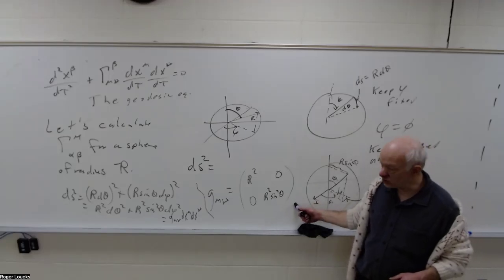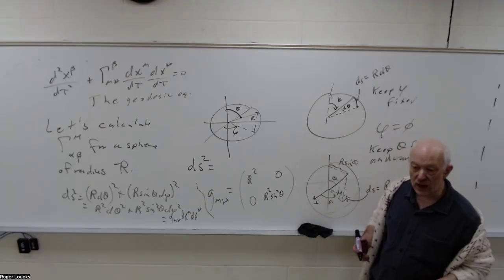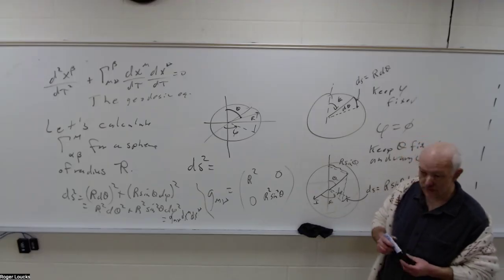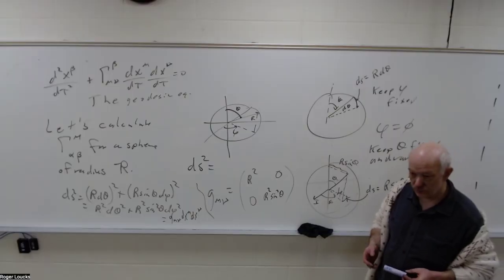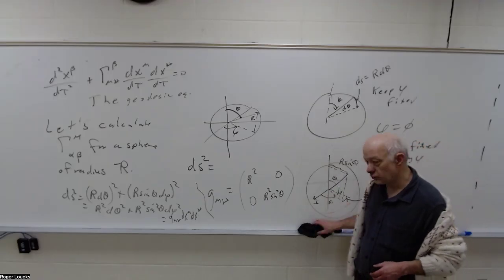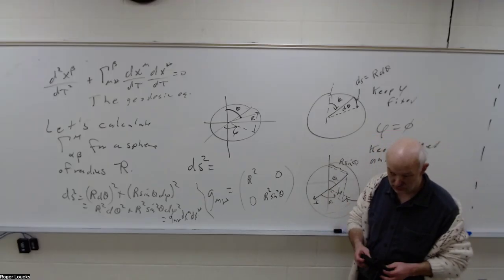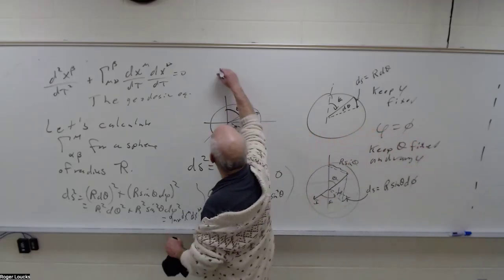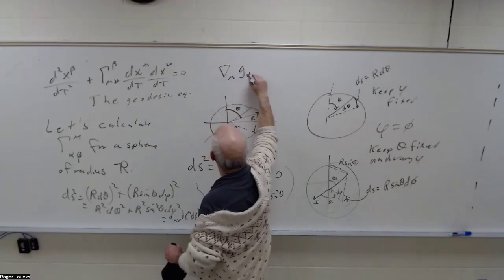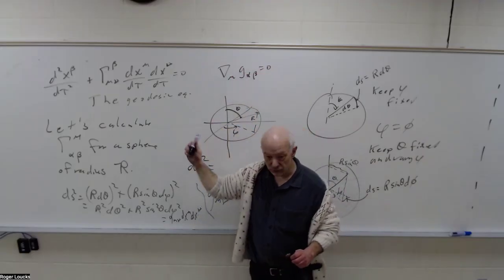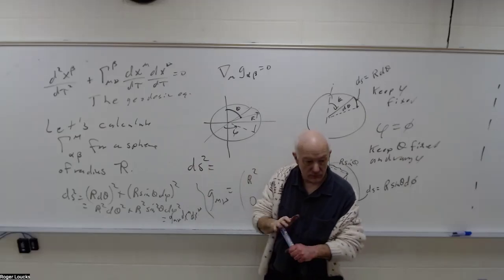So using this g here, what I want to do is calculate all the non-zero Christoffel symbols. That'll be tomorrow. And then I want to show you with metric compatibility how we can make use of this and derive the Christoffel symbols a lot easier.